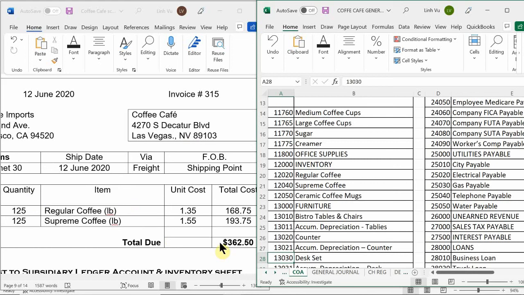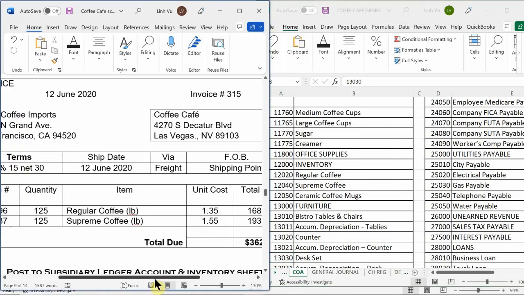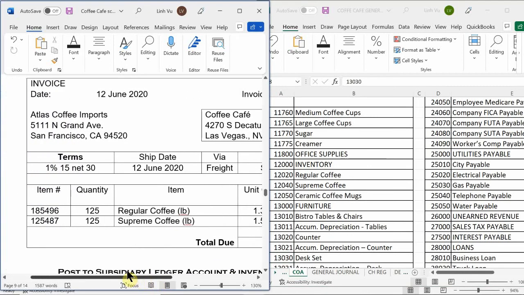$362.50. Are we going to choose to pay now or pay later? We're going to pay later. So in this case, what are my terms? 1% 15, net 30.